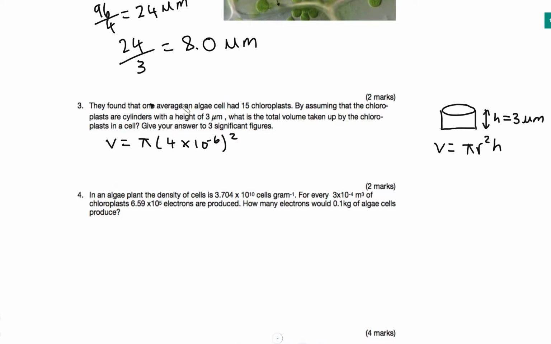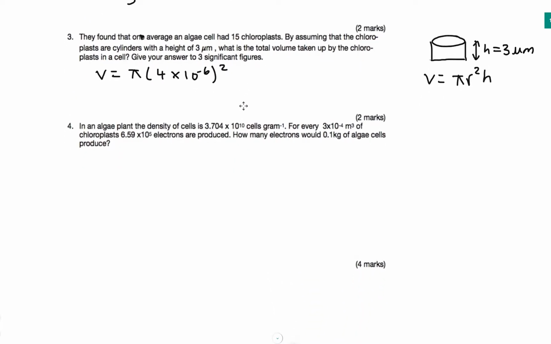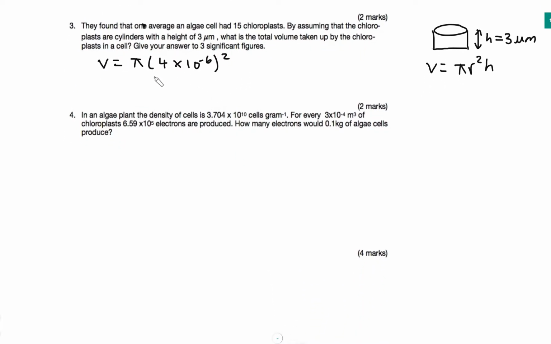Now you might be thinking, how did we get 4 when previously we worked out 8? Well, if you have a look, it says work out the average diameter. If the diameter is 8, then the radius is half the diameter, so the radius is 4. So pi times (4 times 10 to the minus 6) squared, multiplied by the height, which is given as 3 times 10 to the minus 6.